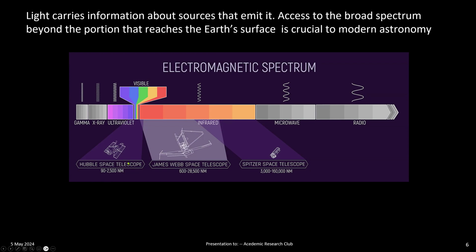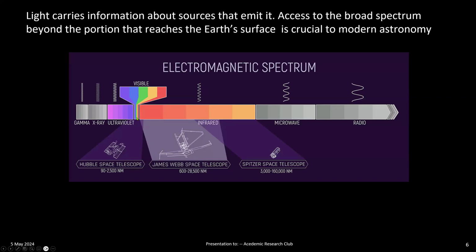Our eyes have evolved to match a narrow, transparent window in the Earth's atmosphere, such that our eyes are sensitive to the familiar colors of the rainbow that you have all seen. And it's called the visible part of the spectrum. But there's a lot more light that impinges on the Earth.